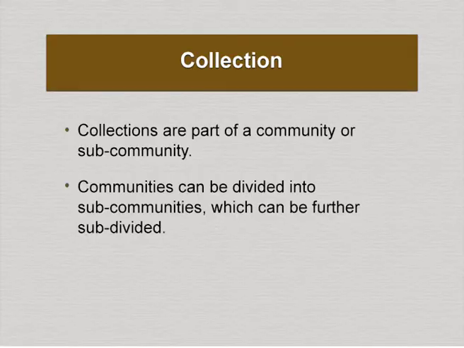If you can group a few items under some banner, you can give a common name, which is the collection name for the group of items. So, collections are part of a community or subcommunity. So, you can create collections directly under a community or subcommunity.